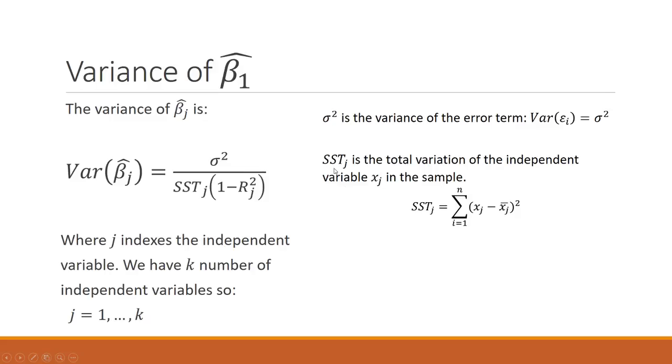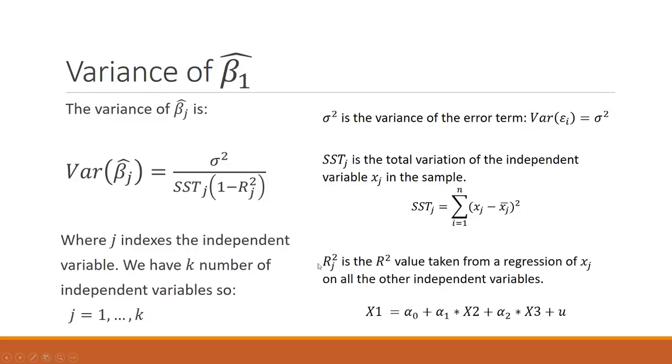This is where we're using the same notation that I used above when I was talking about the goodness of fit measure, SST. Except in this case, I'm not talking about the total sum of squares of the dependent variable. I'm talking about the total sum of squares of the independent variable xj. So SSTj is a measurement of the total amount of variation in the independent variable xj.